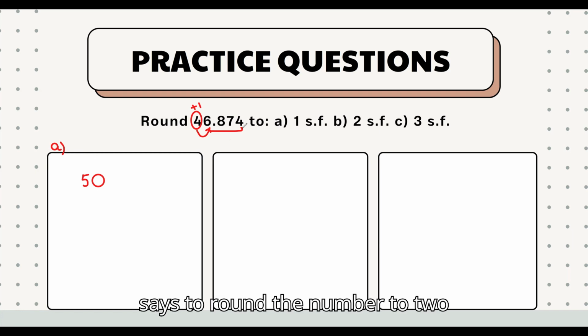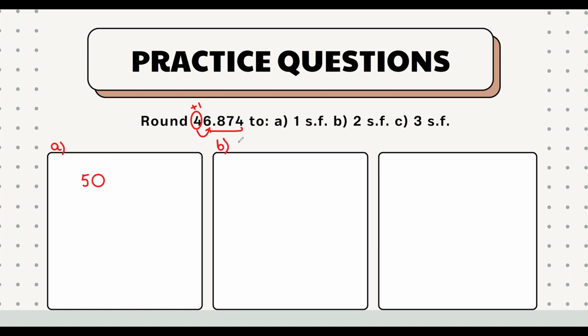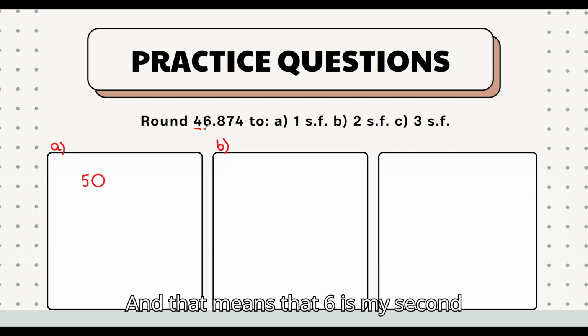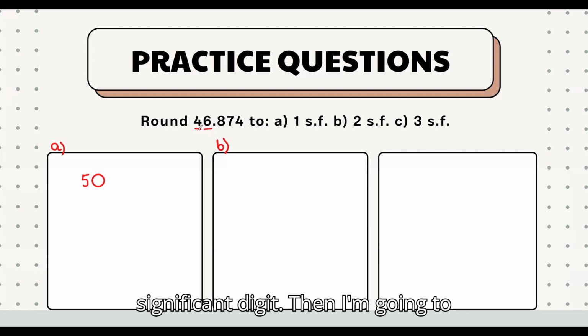Part B says to round the number to 2 significant digits. So for doing that, I first have to figure out my second significant digit. So we know that 4 is our first significant digit, and that means that 6 is my second significant digit.